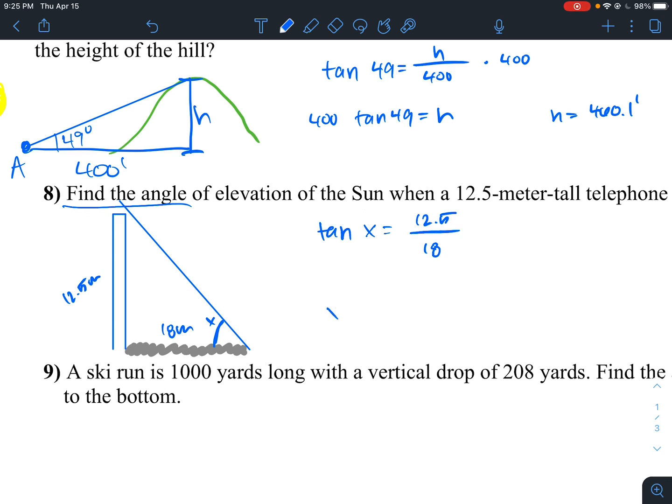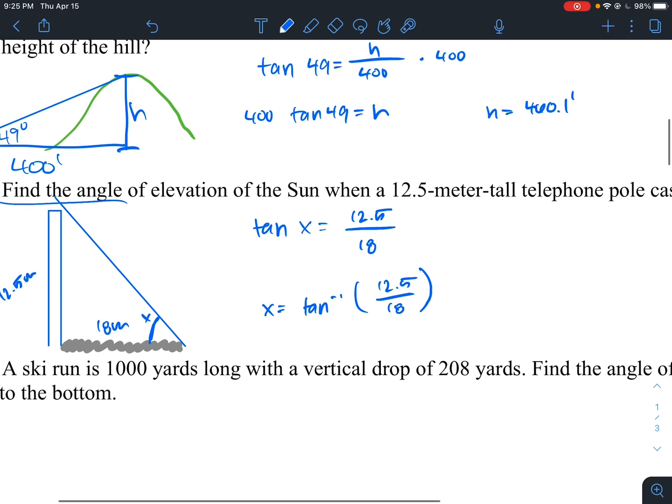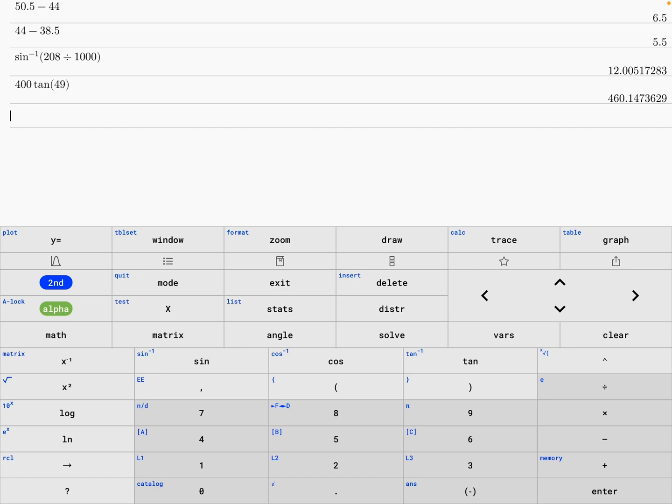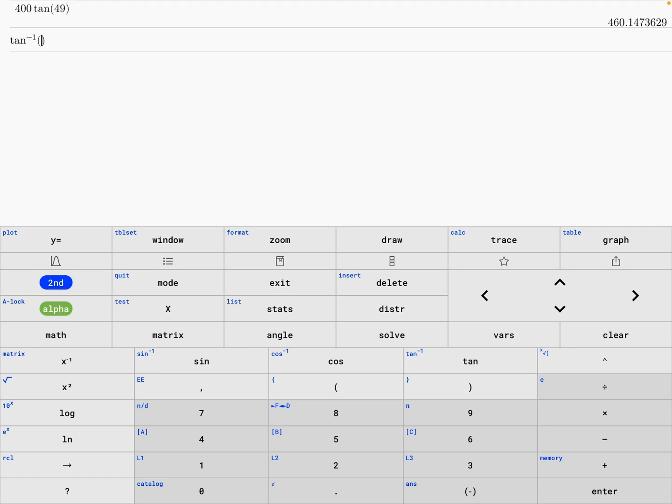So x is equal to tangent inverse of 12.5 over 18. And there you go, you have your equation. We just need to plug it in. So tangent inverse of 12.5 divided by 18.